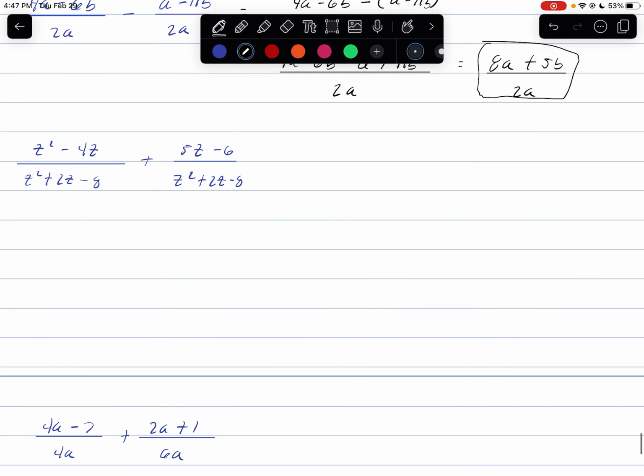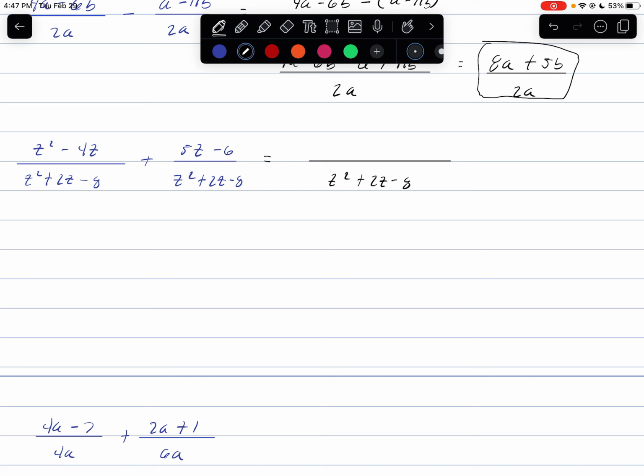Now let's see what we can do here. What you'll see here is that this looks a little more complicated, but they still have the same denominator. So we can rewrite this as one expression with the same denominator, z squared plus 2z minus 8.